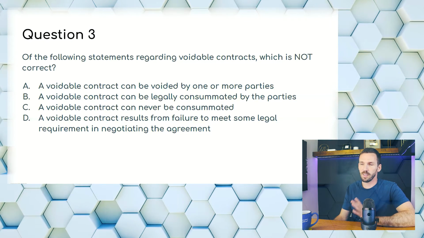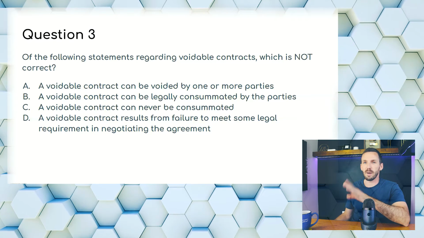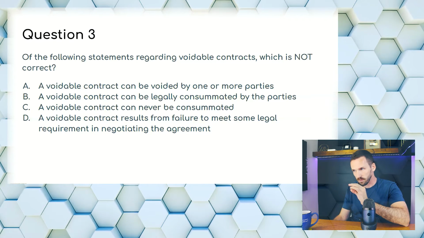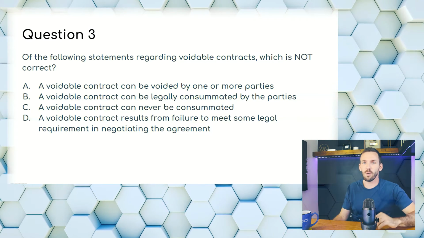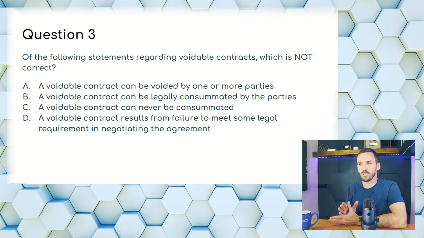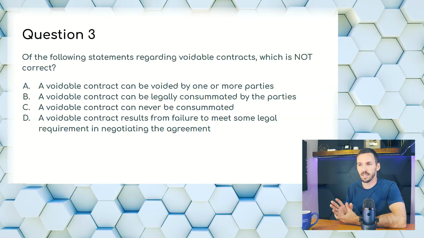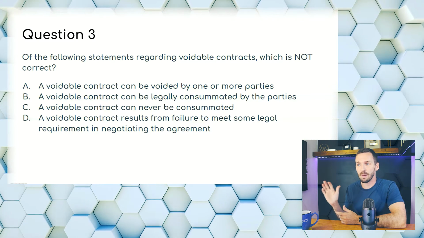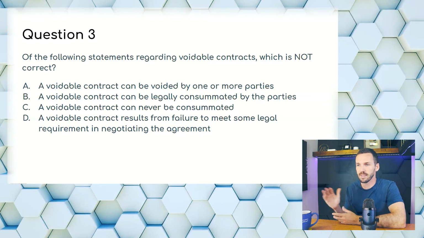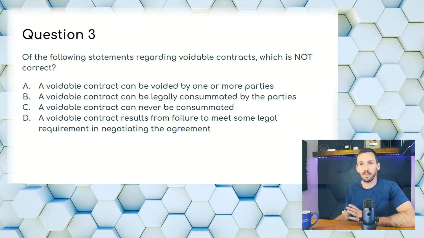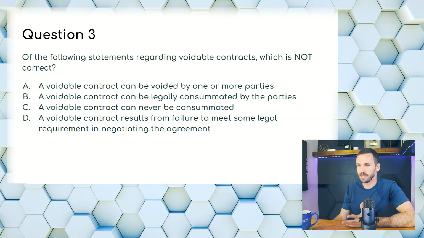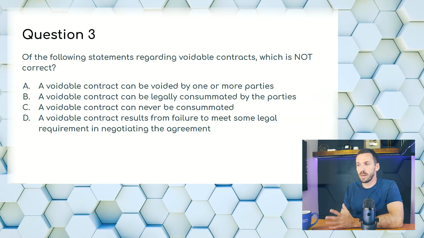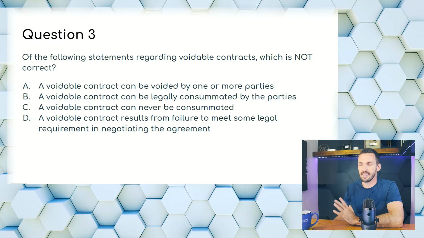First off, the best way to do this is by defining consummated. What that means is completed or finished. So a voidable contract can be voided, yes. A voidable contract can be legally completed, yes. A voidable contract can never be completed, that's incorrect. Once you actually know what consummated means, the answer is clear as day here.